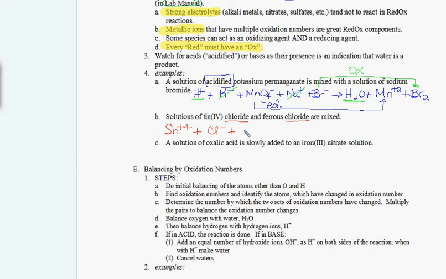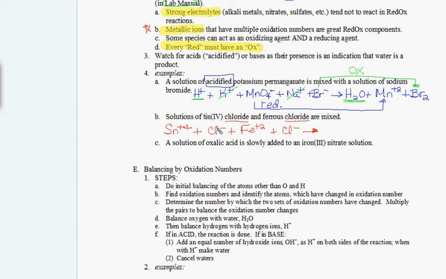There's our tin 4 chloride, and here's our ferrous chloride. Now we want to remember metallic ions are really common. They're great components for doing work.